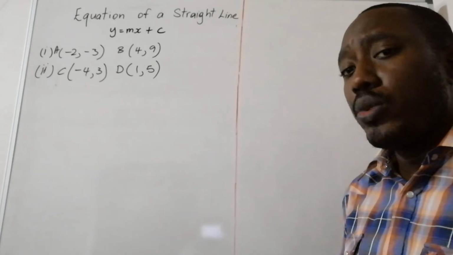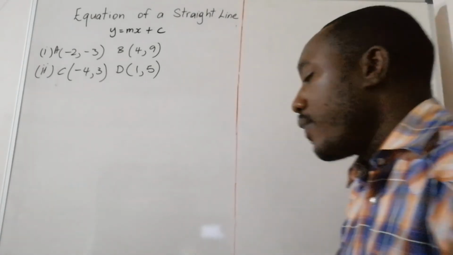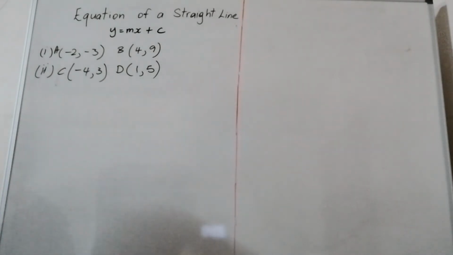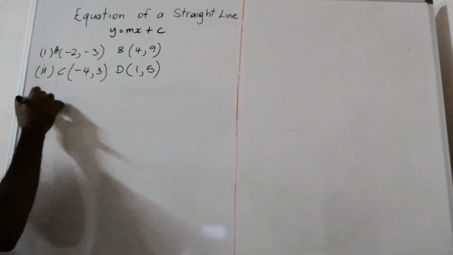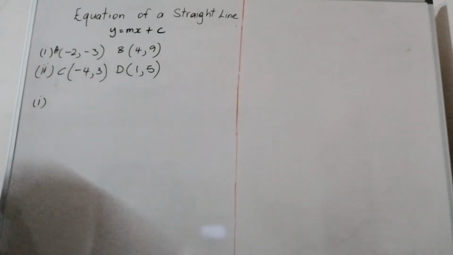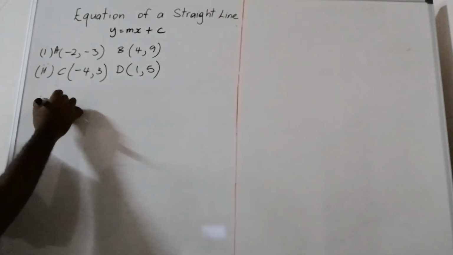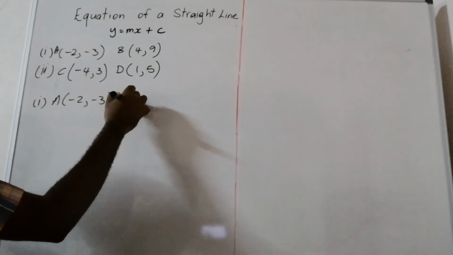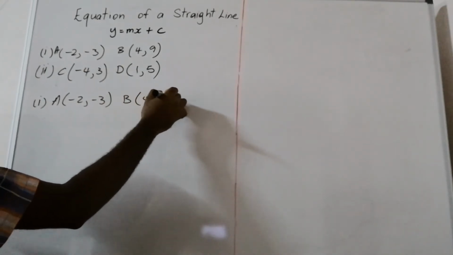And I'll show you 2 ways that we could go about doing this. The first way, let's find c. Now, example 1, we're using the points A negative 2, negative 3 and B 4, 9.